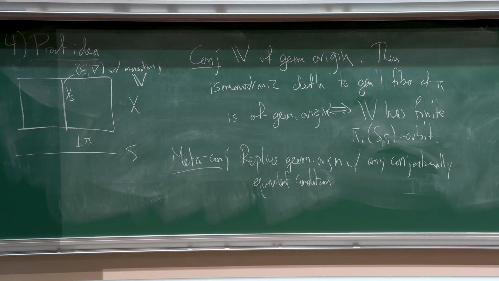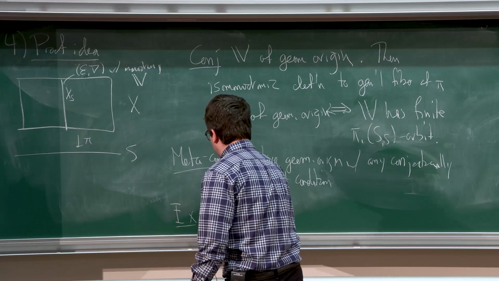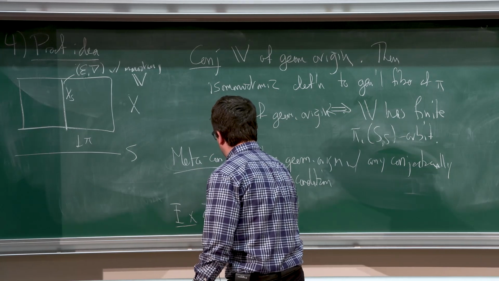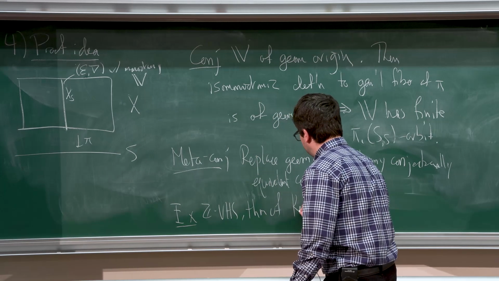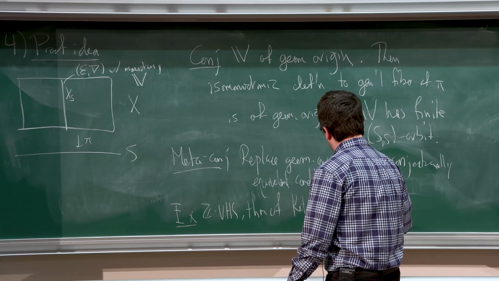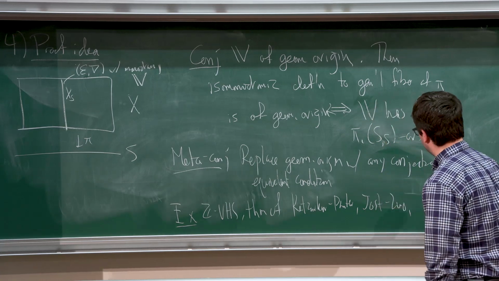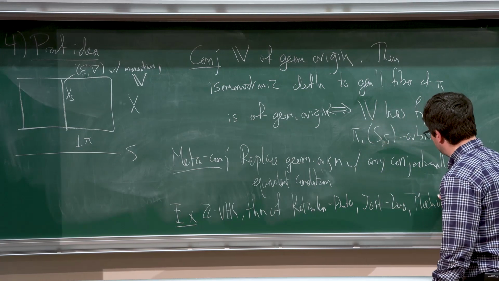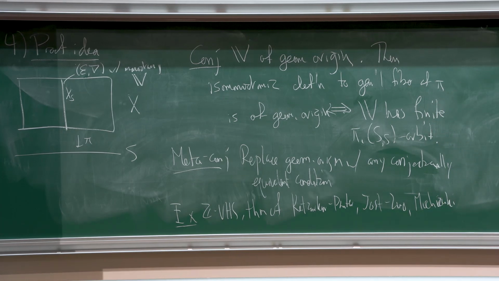In fact, in that case, let me just remark, in the case of Z VHS, this is a theorem of, I think, Katzarkov-Pantev when S is proper, and Jost-Zuo in general, and then one can also deduce it from work of Takuro Mochizuki.